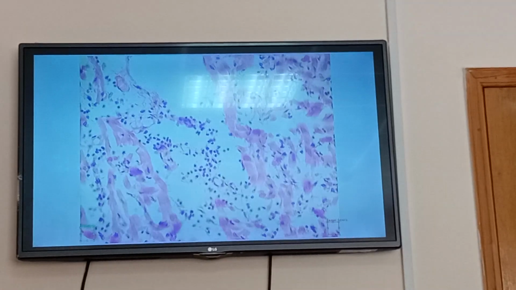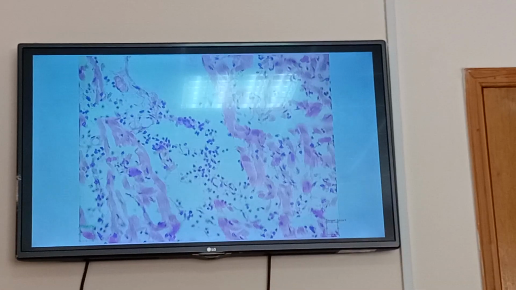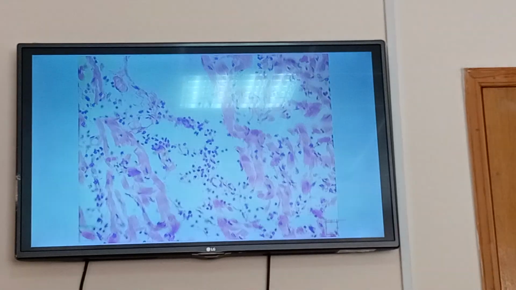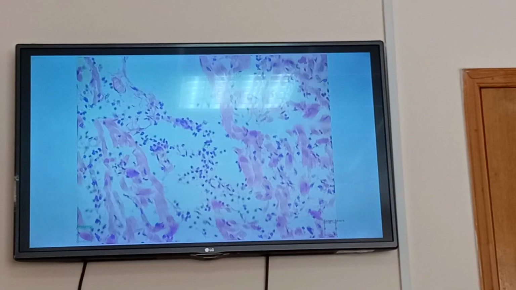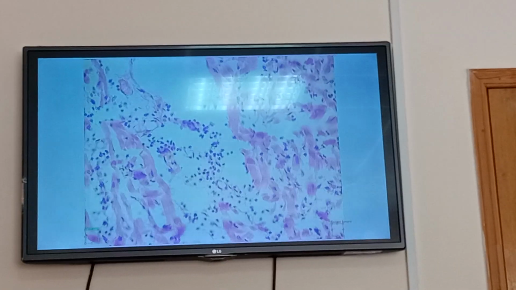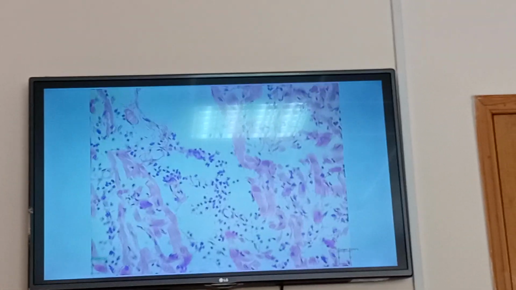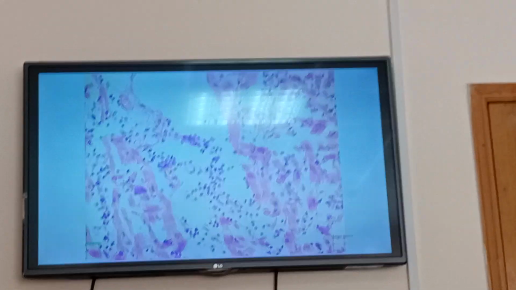Pyknosis, karyorrhexis, karyolysis of the cells, swelling of the cells, eosinophilia of the cells, exudate with inflammatory cells, which are the neutrophils, and also some microorganisms will be present. It is suppurative myocarditis.